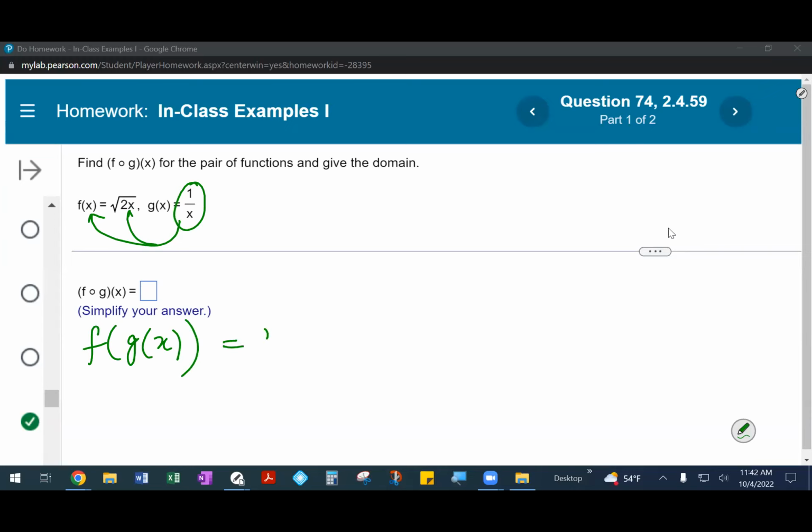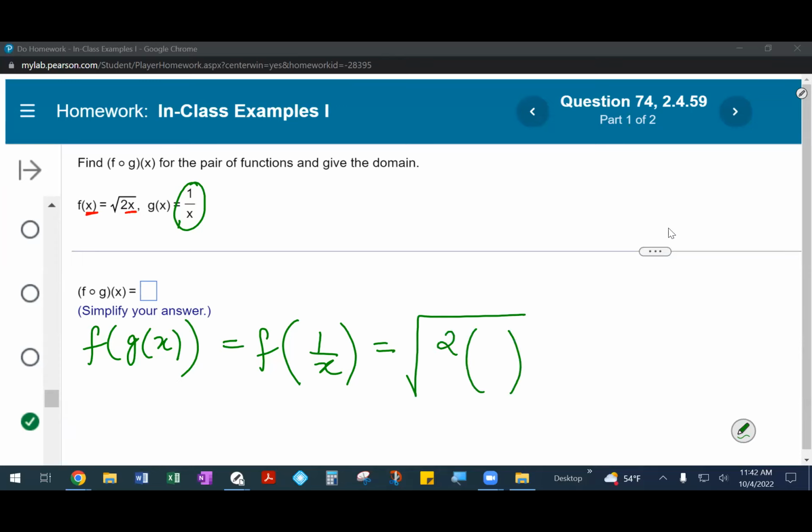So the way this works is you have g of x defined as 1 over x. Okay, so everywhere that you see an x, replace that with 1 divided by x. So we are given square root of 2 times x, and you're replacing your x with 1 divided by x. Let's clean that up. 2 times 1 is 2.